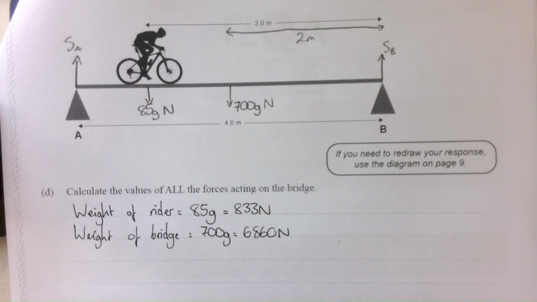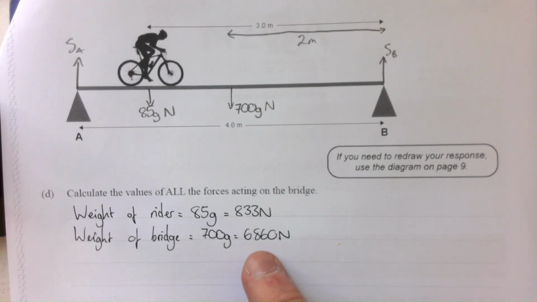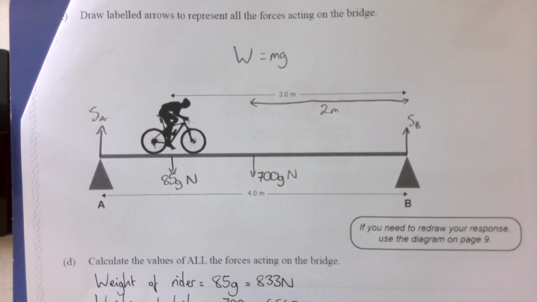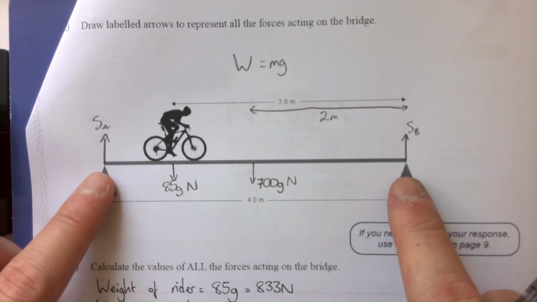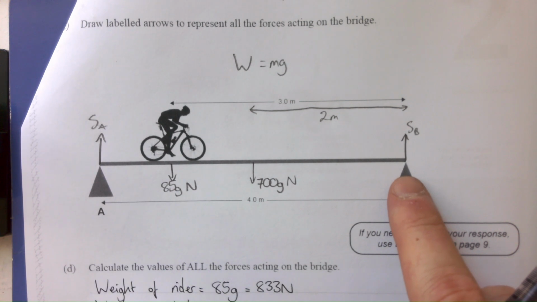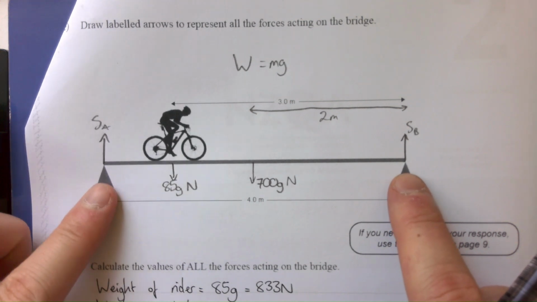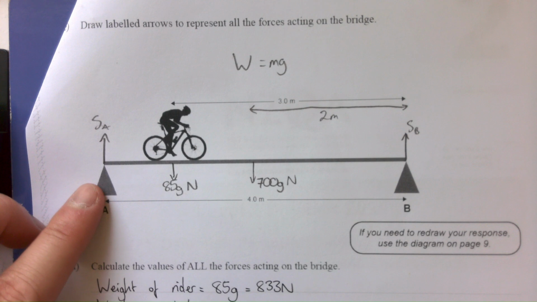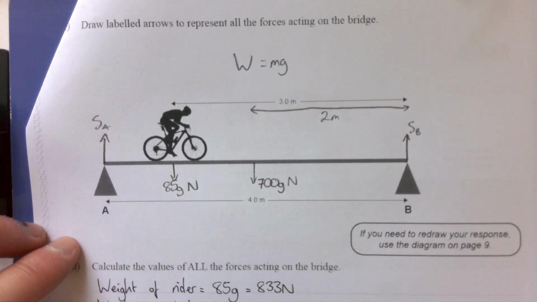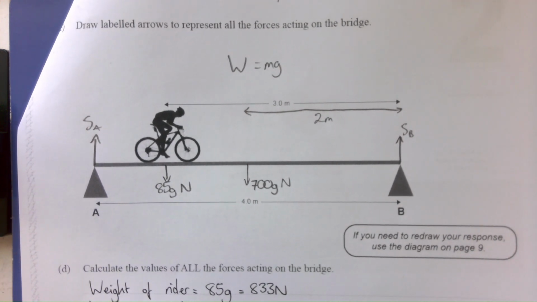Now, in order to work out the other two forces, because they are at opposite ends of a bridge, hopefully it's apparent we're going to be looking at doing torque calculations. It doesn't matter which way around you do this.